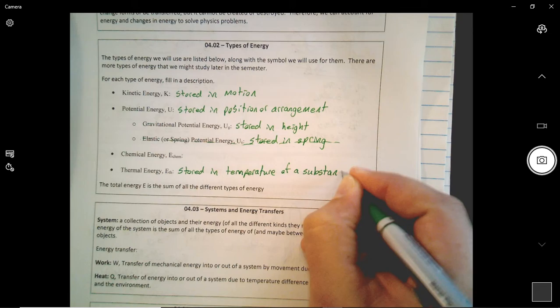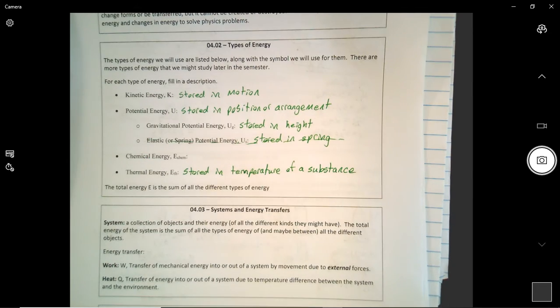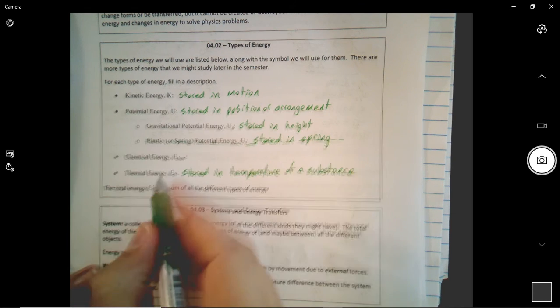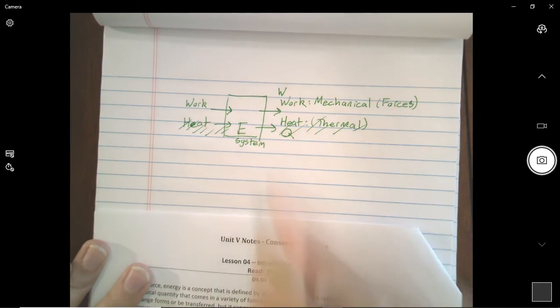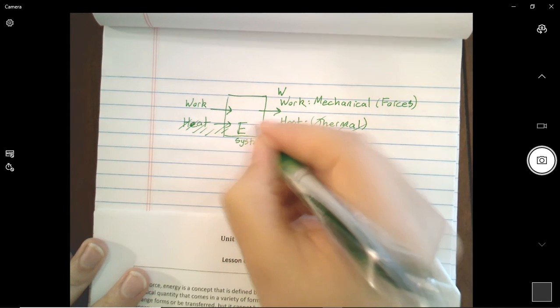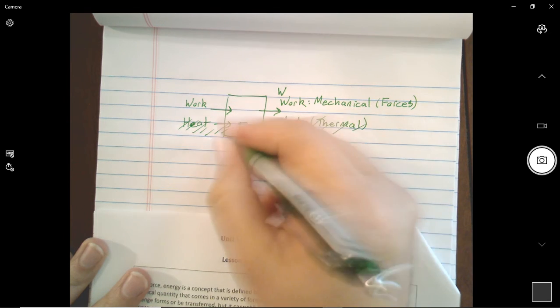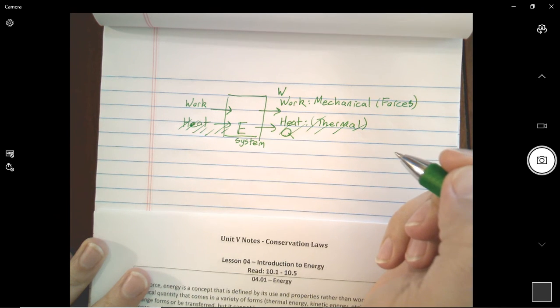Now, thermal energy sounds a lot like heat, and this is a very common confounding notion in physics. We are using these words in technical ways. Thermal energy is the energy inside our system. It's the energy inside this box that's relating to the temperature of an object.